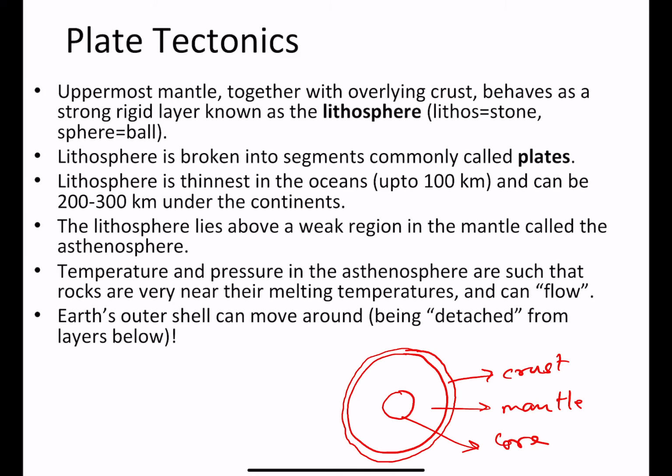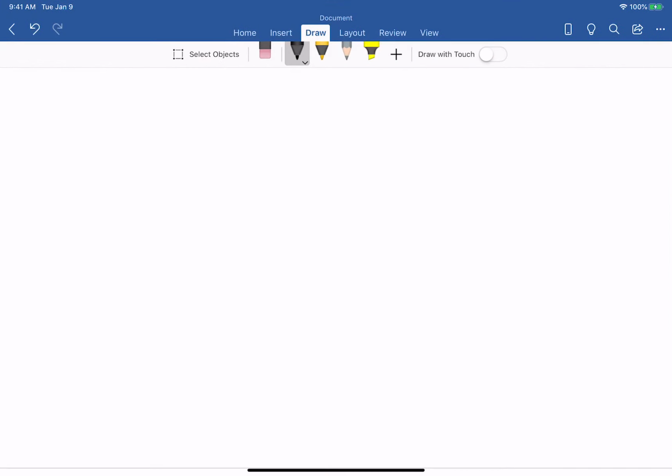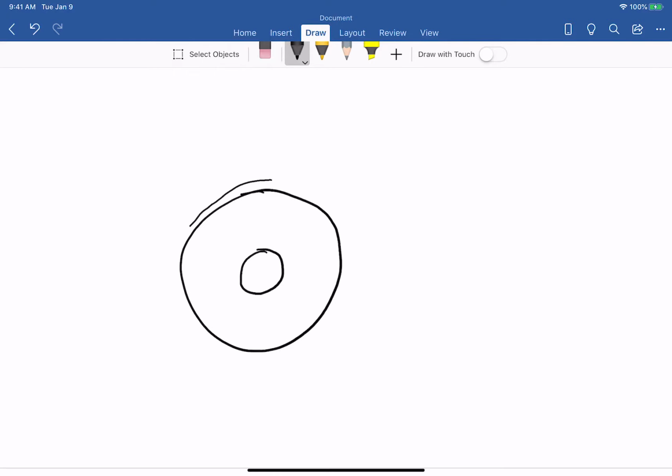Actually, it's probably better if I just switch to the Word document when I'm drawing this so I can make different colors. So I'll just draw that again. So this is the earth. Let's say this is the core, and I'm just going to draw the crust of the earth. Remember that the crust is very, very thin in comparison to the mantle and the core.